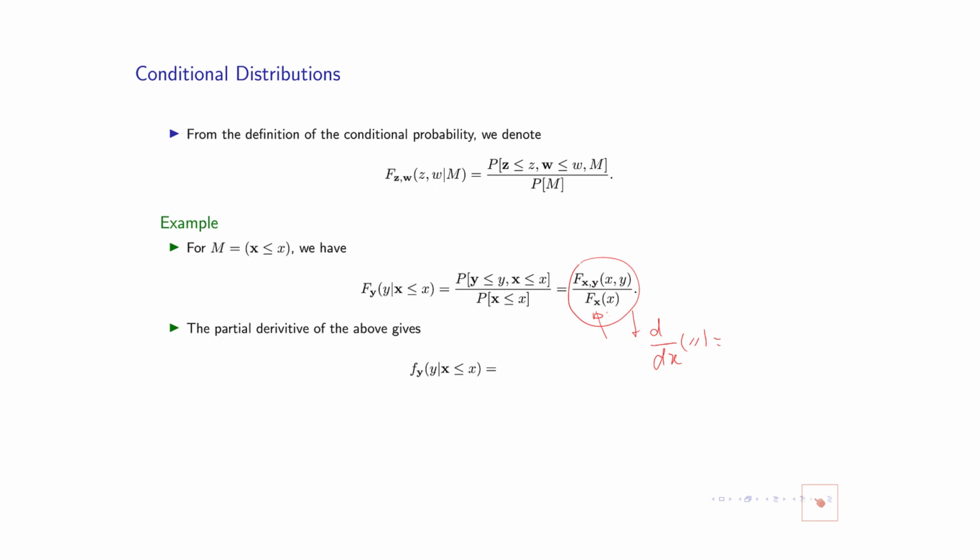So if you calculate that, you get this expression. Because this is a PDF of y, you have to calculate derivative with respect to y, not with respect to x. So we get this expression. So this function, if this is a joint CDF, is a valid PDF for y for any given x.